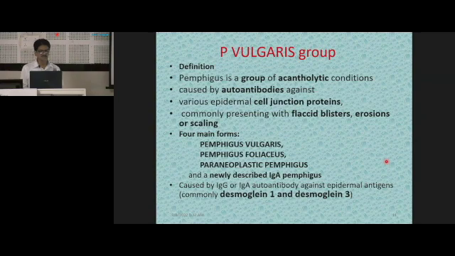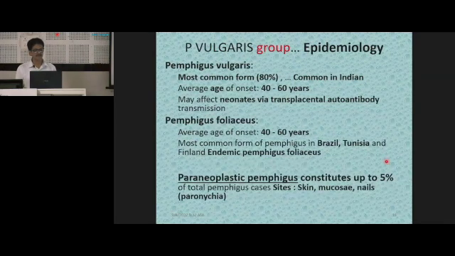Now, in most of the pemphigus vulgaris group, the common factor is there are antibodies at least to desmoglein 1 and 3, and in addition some other autoantibodies may also be produced. Epidemiologically, the most common in this group is pemphigus vulgaris, and it is common in India.